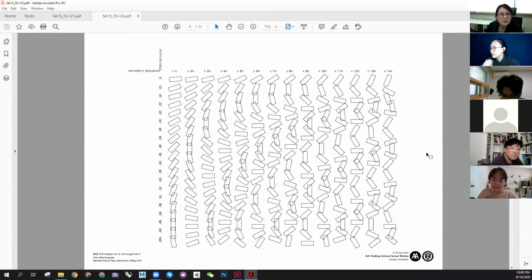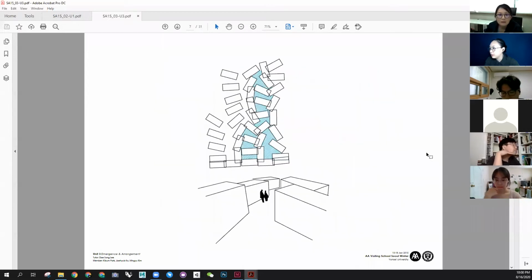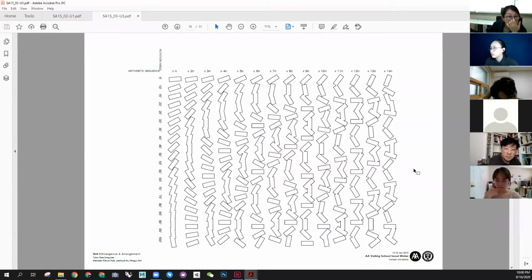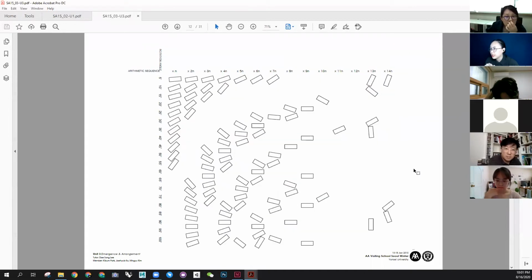They were investigating different kinds of mathematical patterns to generate different arrangements of urban units and understand that as urban spaces. When they overlap, or create different voids and overlapping voids, these can all be understood as different kinds of urban spaces.